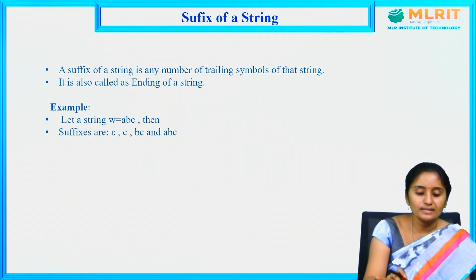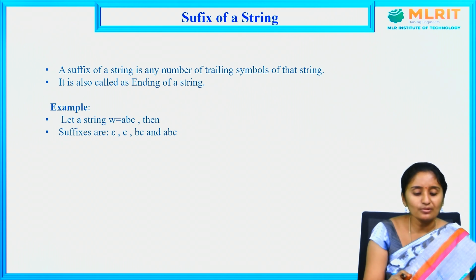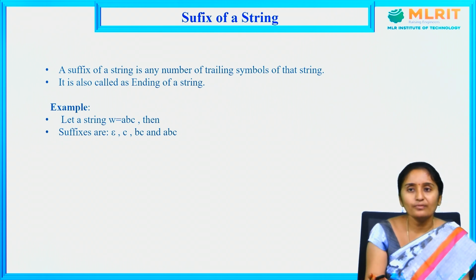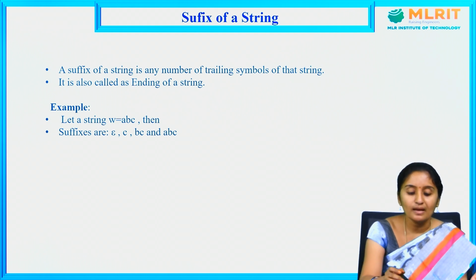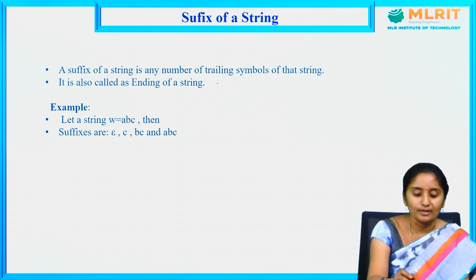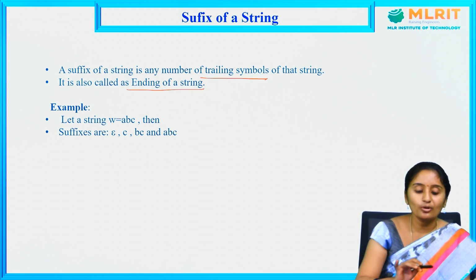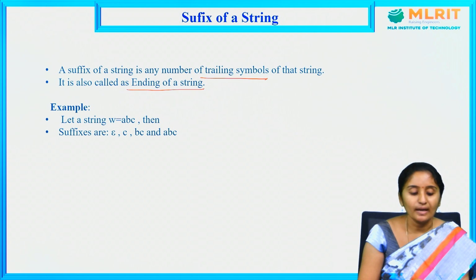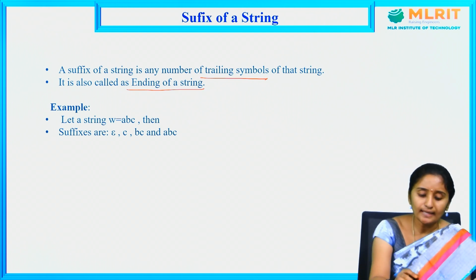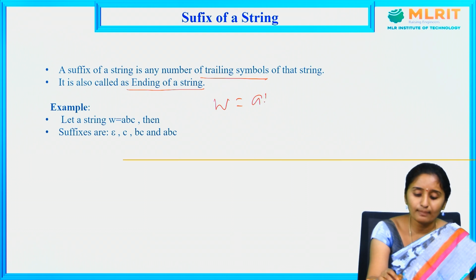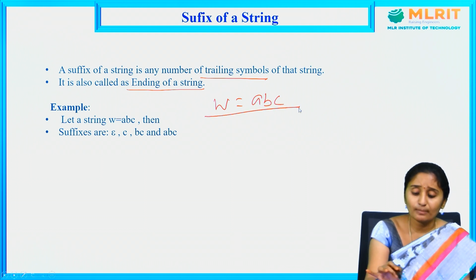The next one is the suffix of a string. Just now we discussed that a prefix of a string is nothing but the starting symbols, the leading symbols. Coming to the suffix of a string, it is nothing but the trailing symbols, which we call the ending of a string: any number of trailing symbols of that string. Similarly, here also the string is W equal to ABC.